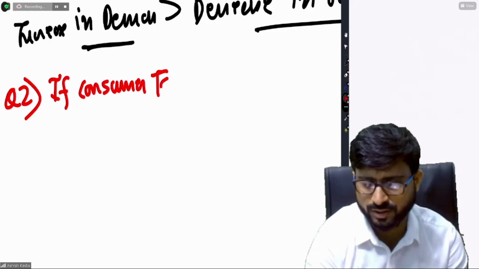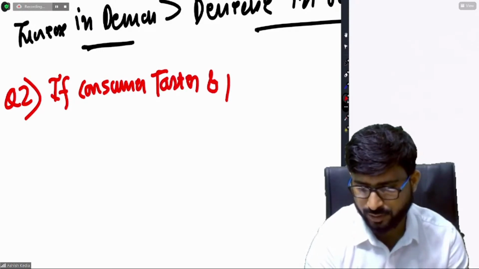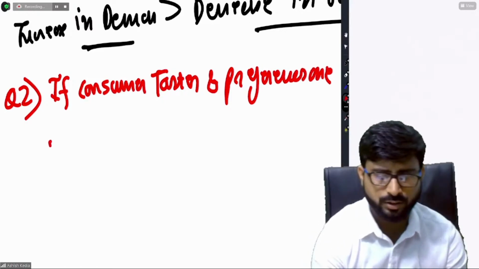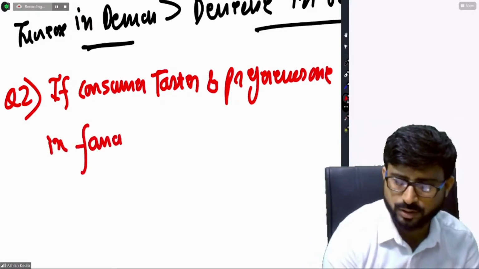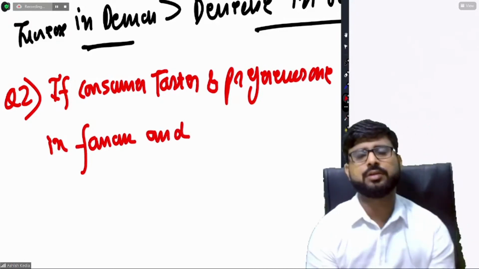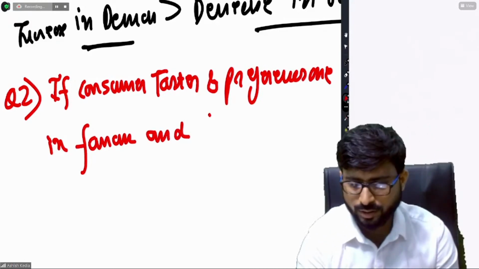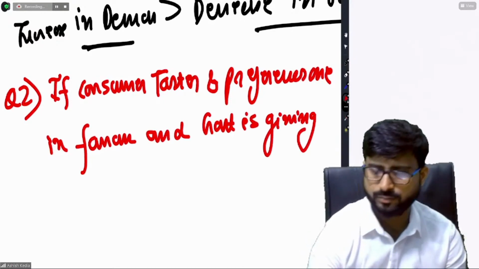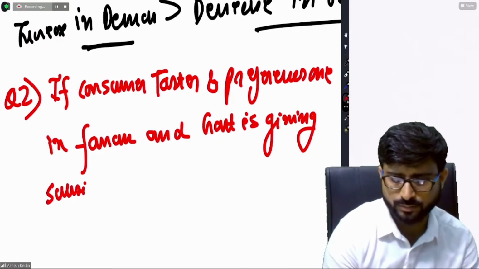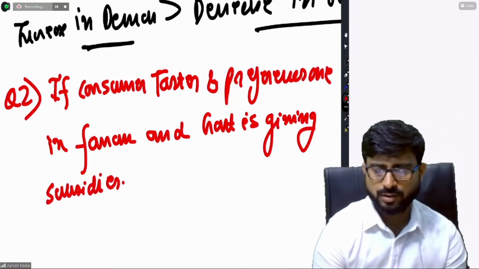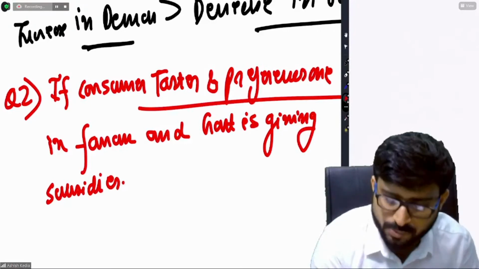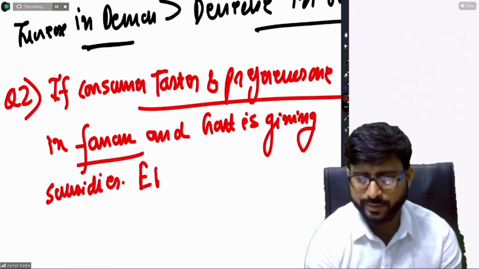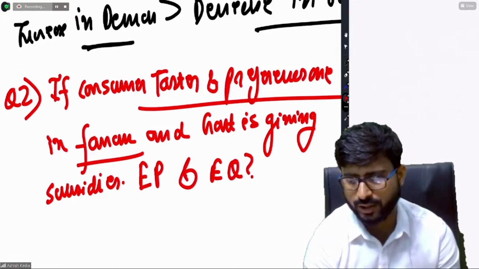If consumers' tastes and preferences are in favor and government is giving subsidies, what will happen to equilibrium price and equilibrium quantity?